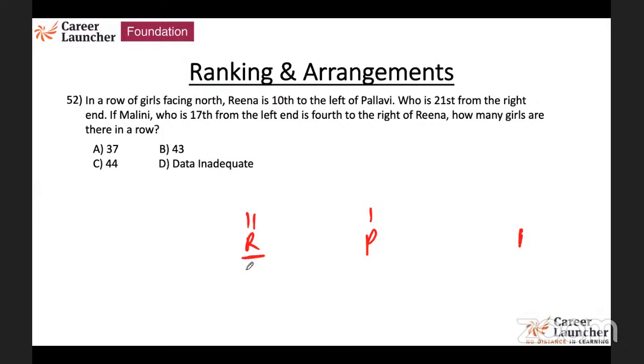If this is 21st, then this is 10th from the right end in that sense. Very clearly, this is 21st, this is first. Sorry, this is 11th, my mistake. 11 minus 1, this is a difference of 10. So 21, and there will be 11 here. Pallavi will be 11 from the right hand.